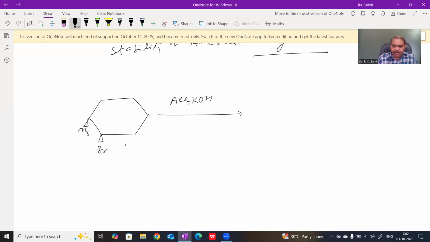In alcoholic KOH, there is elimination of HX, meaning removal of HBr from the substrate. Now we check that bromine and methyl are on the same side. It means the beta carbon containing H plus is opposite to Br in this carbon and also that carbon. Therefore, two products are there: first, this alkene, and second, this alkene.